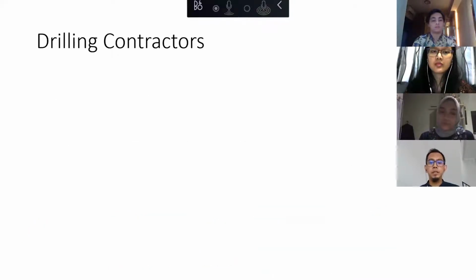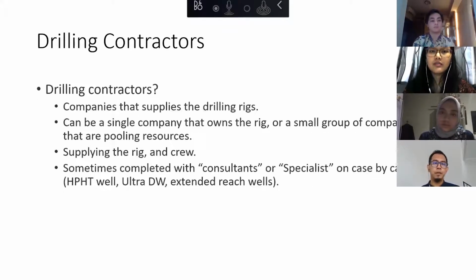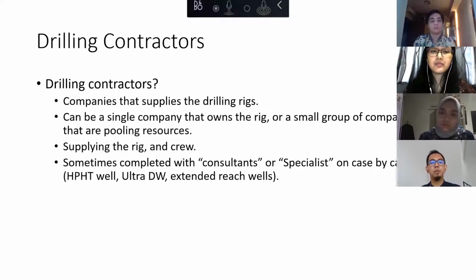The second entity involved in drilling operation is what we call drilling contractors or rig contractors. The drilling contractors are responsible to supply the rig, and they can be a single company that owns the rig or a small group of companies pooling resources to do the drilling operation.